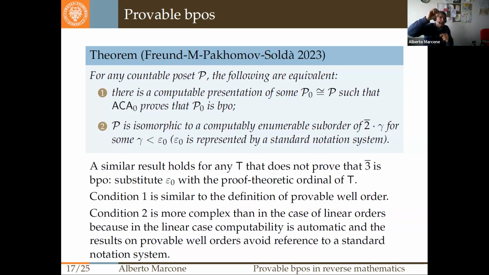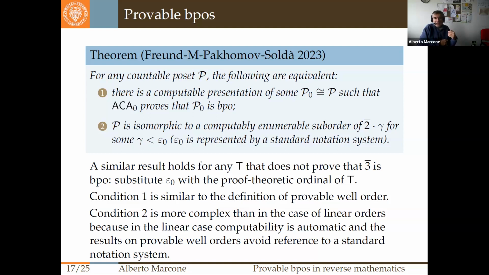We replace each element of gamma with a 2-element antichain, basically a copy of 2 bar. We have to ask this to be a computably enumerable suborder, because when we deal with well ordinals and linear orders, we do not do that. We just say that P is isomorphic to some gamma for some gamma less than epsilon 0, if we were talking about some linear order.